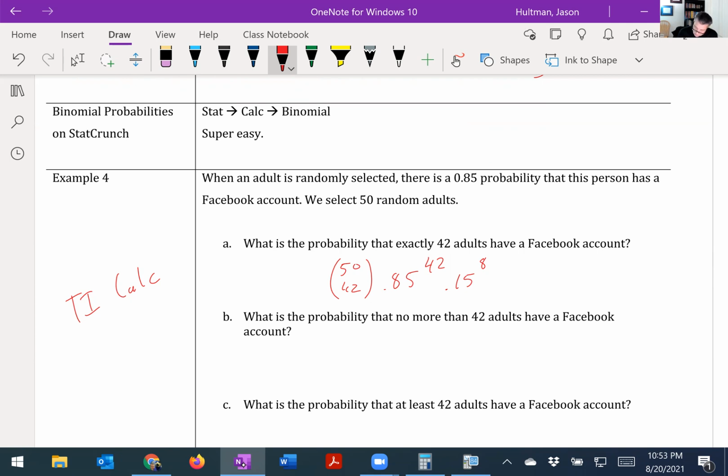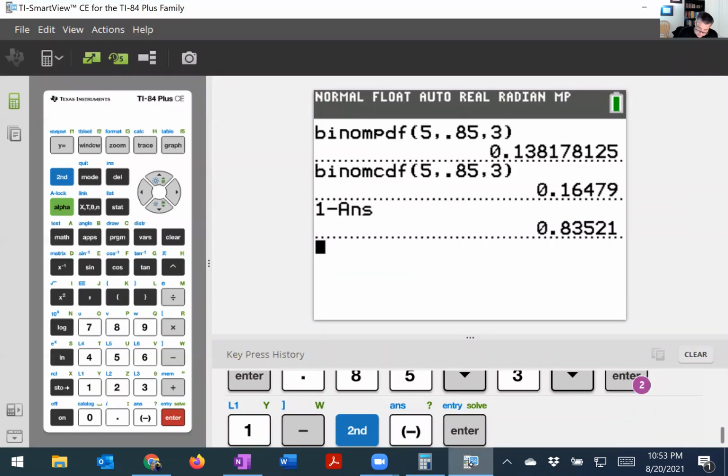So this is going to be, what's the probability that X equals 42? I'm going to let the calculator do that for me this time. So this is a binomial PDF. PDF is because it's equals to a number.